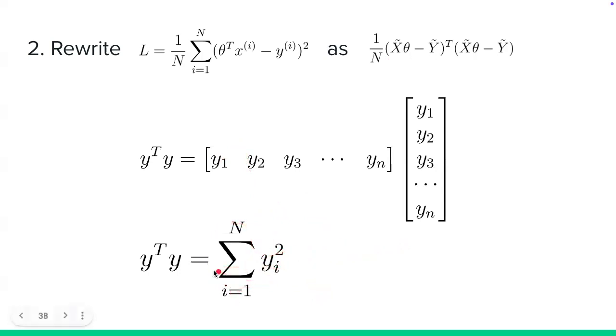And that is the same thing as y transpose y. So you can see this summation looks just like this summation, and this transpose looks just like this. So this is the justification for how we can get from this equation to this equation. It's the same thing.